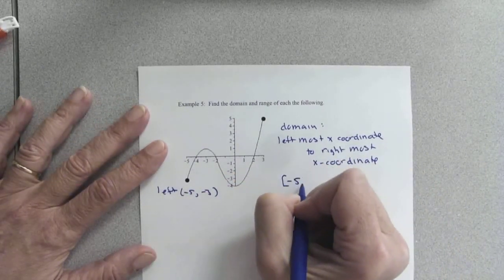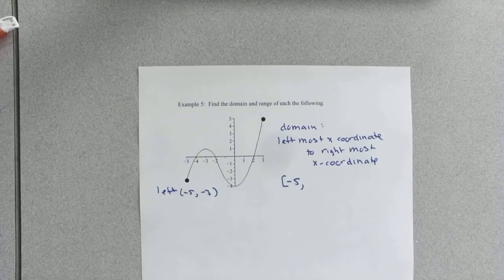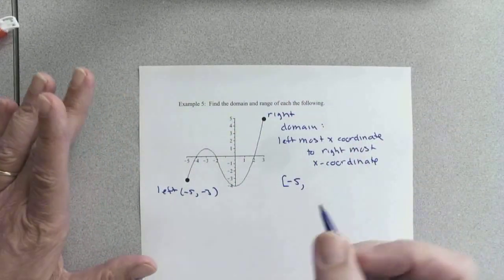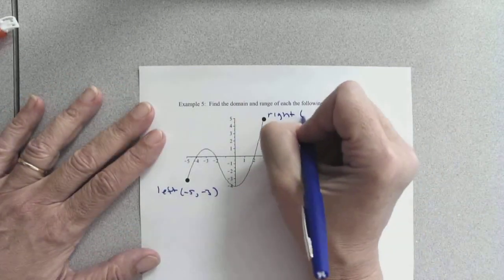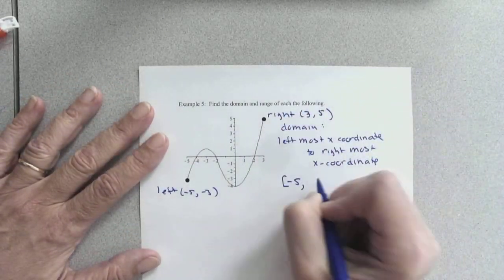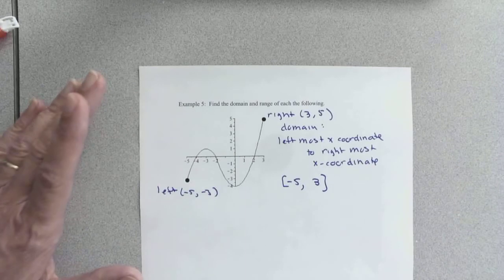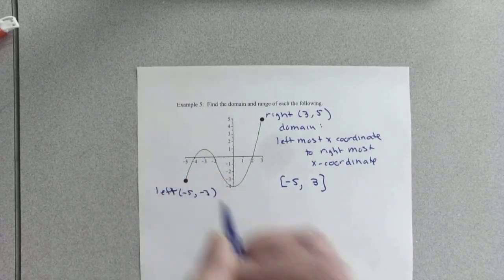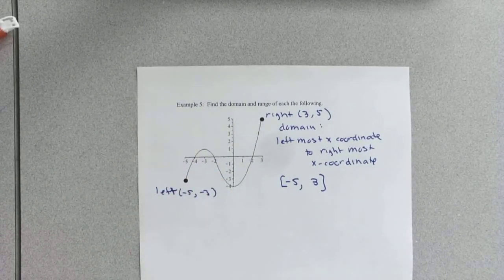So my domain is going to start at -5. And over here, I have my rightmost point, and that looks like it's at 3, 5. And so my domain is going to be -5 to 3, square brackets, because I actually have an x-coordinate of -5, and I actually have an x-coordinate of 3.